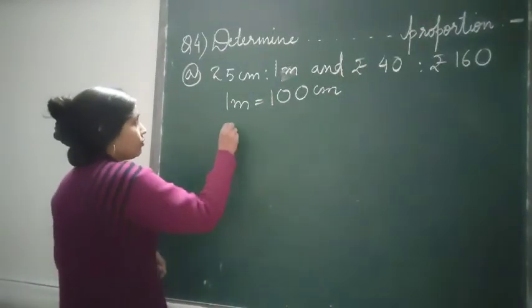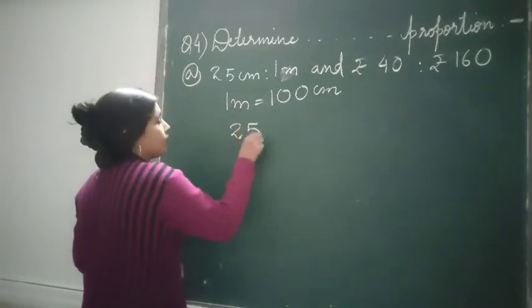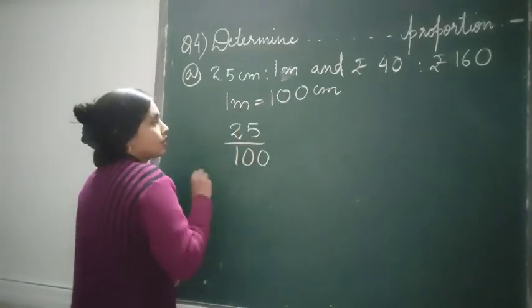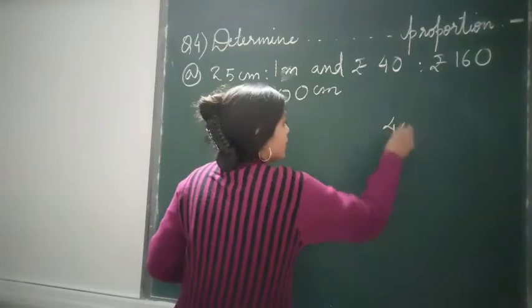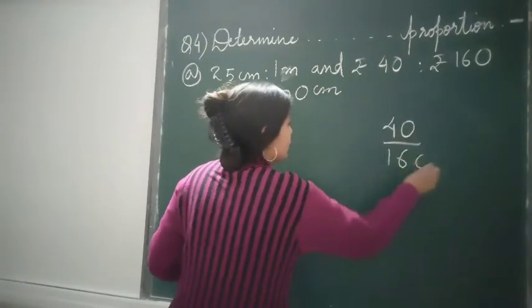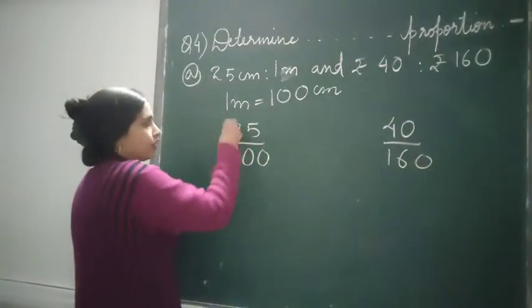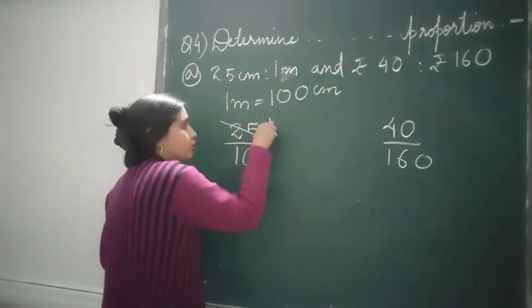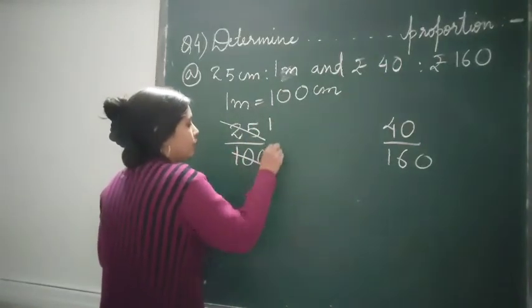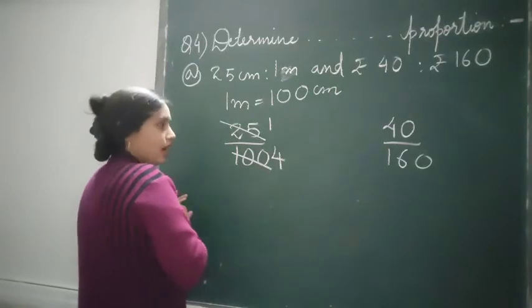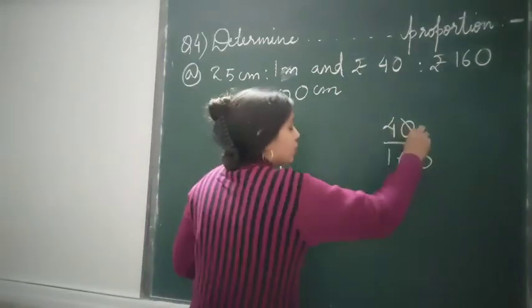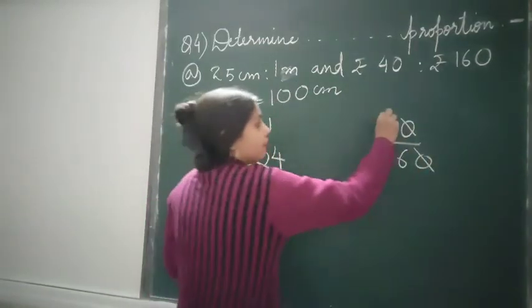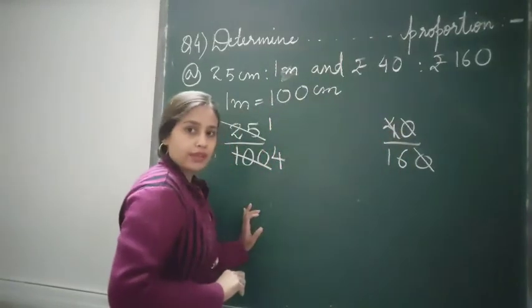Okay. Now let's compare. So 25 by 100 and here 40 by 160. 25 and 100 both are divisible by 25. So 25 ones are 25 and 25 fours are 100. And here 0, 0 got cancelled and 4 and 16 both are divisible by 4, right?